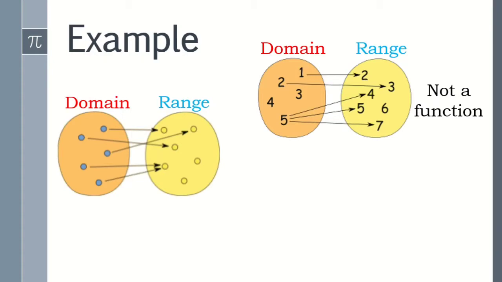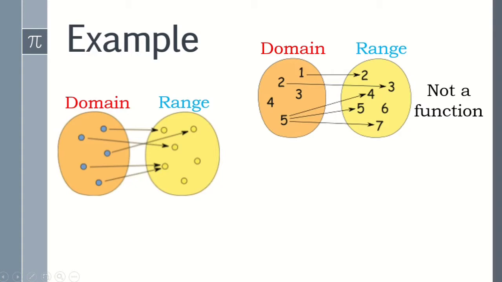For these reasons, value 3 in x has no relation in y. Value 4 in x has no relation in y. And value 5 is related to more than one value in y. But the fact that 6 in y has no relationship does not matter.